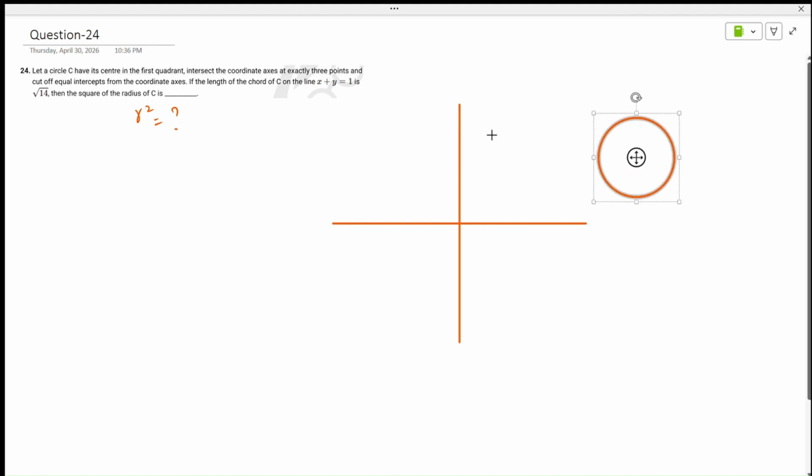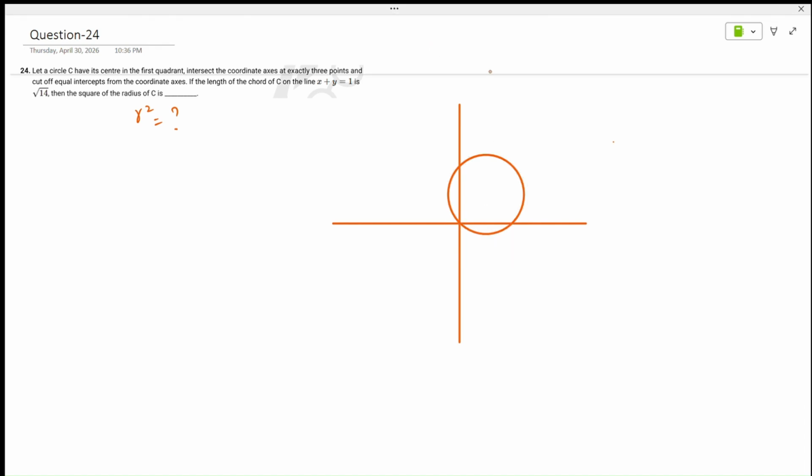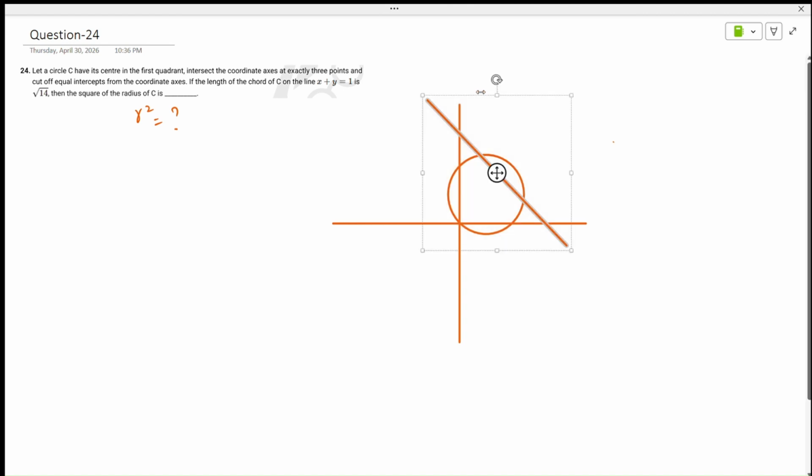Since the circle is touching at 3 places and center is in first quadrant, this is the situation that you will be having. And then let us draw a chord here. So let us assume this is the chord. In this diagram, they told us that the length of the chord is root 14, and let us find the radius.